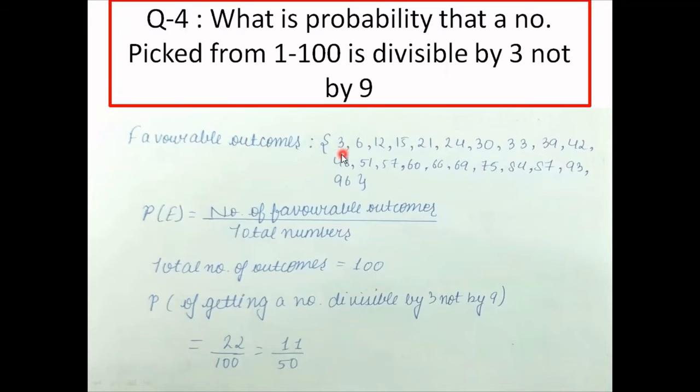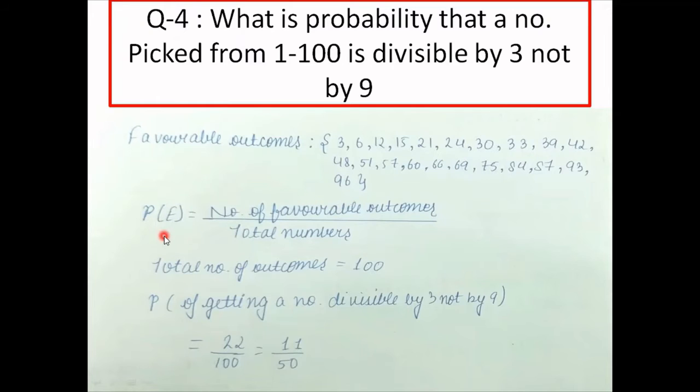Favorable outcomes are 3, 6, 12, 15, 21, 24, 30, 33, 39, 42, 48, 51, 57, 60, 66, 69, 75, 84, 87, 93 and 96. These are the only numbers which are divisible only by 3 but not by 9.